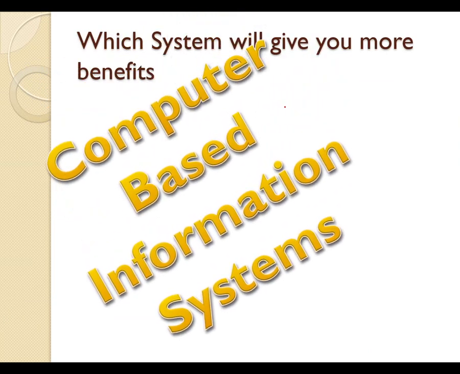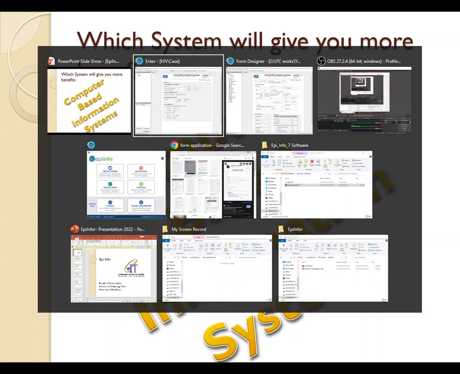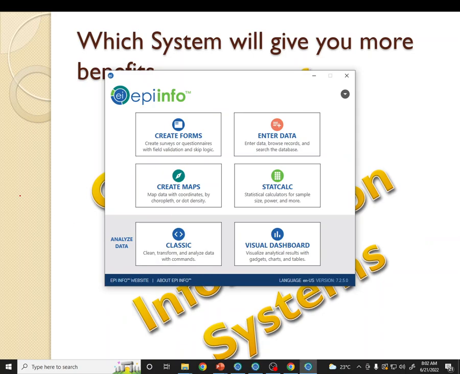So we are going to use computer-based techniques in order to prepare our data analysis even in the health sector. Right. So that's why we need to have the product called Epi Info. So whenever we go for Epi Info, now we know the requirement, why we need to use this software, and how it is going to be handled.